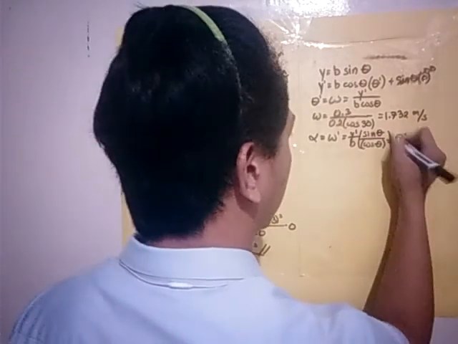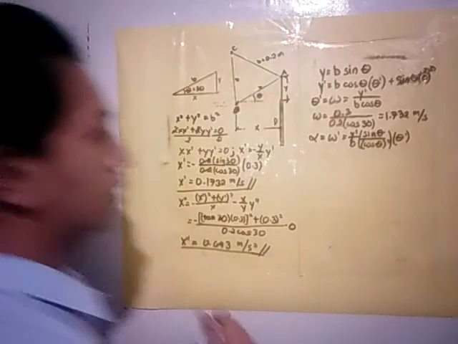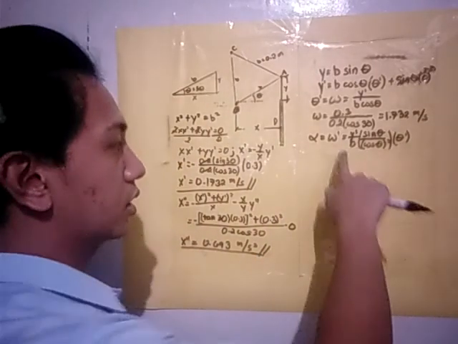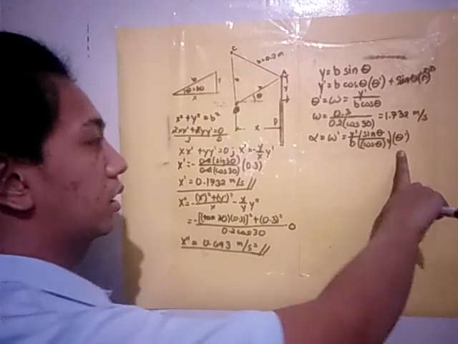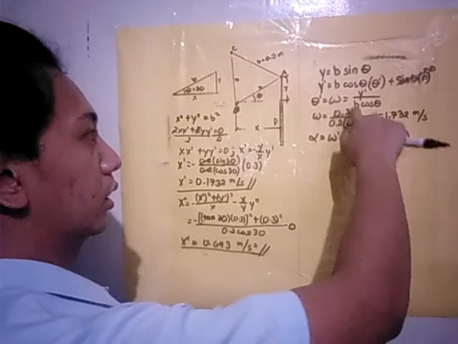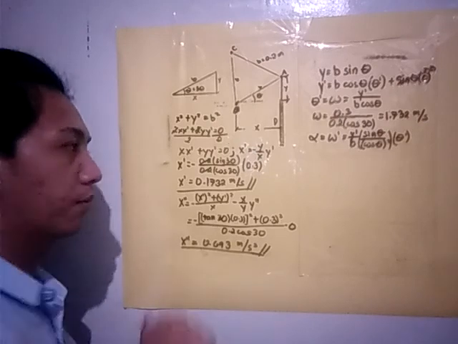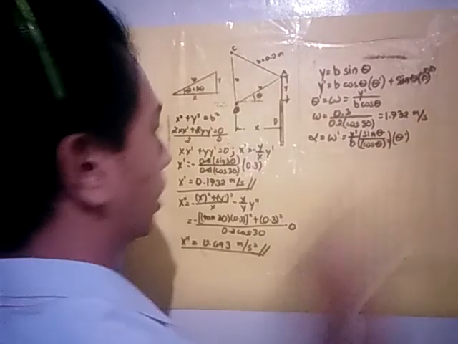So these three are multiplied by each other. Ito na yung shortcut ng ating derivatives na y prime over b cosine theta. So ito na yung kinalabasan niya.